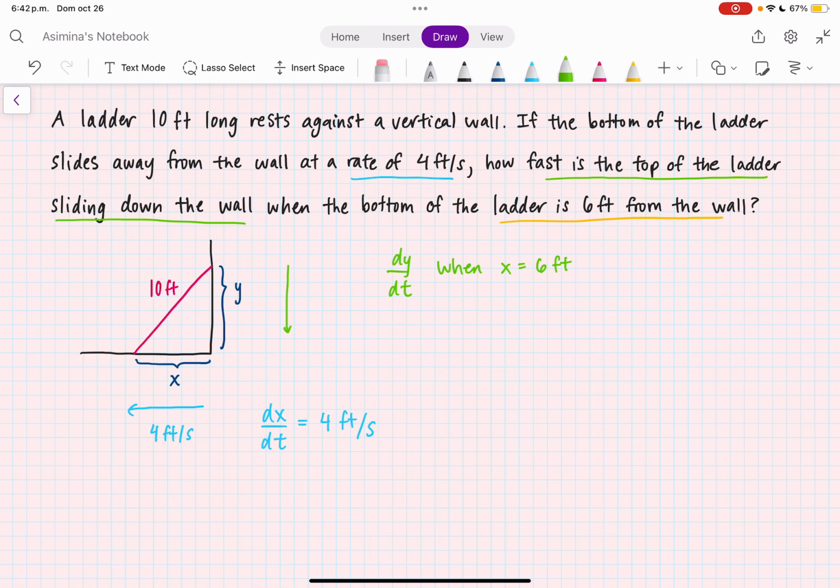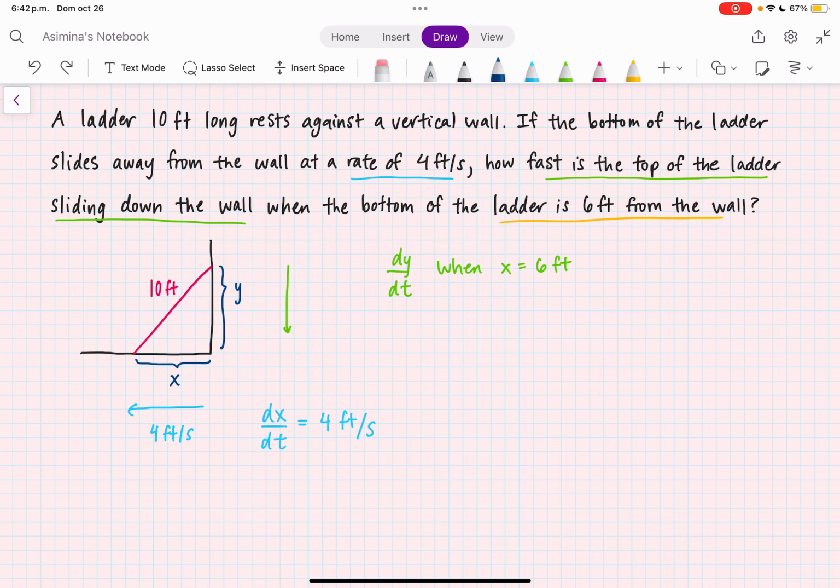Okay, so I've basically gathered all the information from the problem and written it down in some quantitative manner, but now we have to piece everything together to solve this problem. So first, can you think of an equation that can relate my variables x and y? Well, if you see here, we have a right triangle with side lengths x, y, and 10.